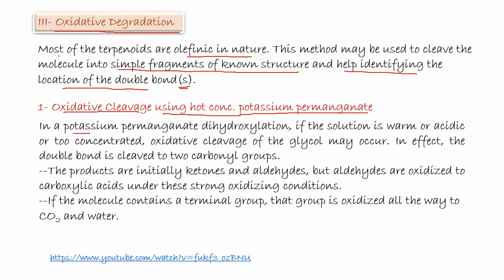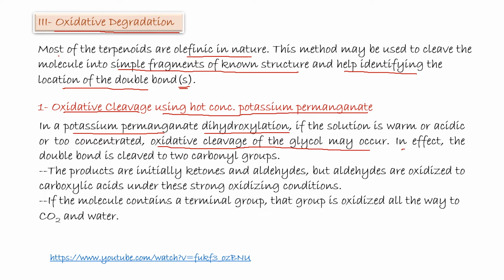In potassium permanganate, oxidation will occur first by dihydroxylation, addition of OHs on the double bond. If the solution is warm or acidic or too concentrated, oxidative cleavage of the glycol may occur. So it's further oxidation.